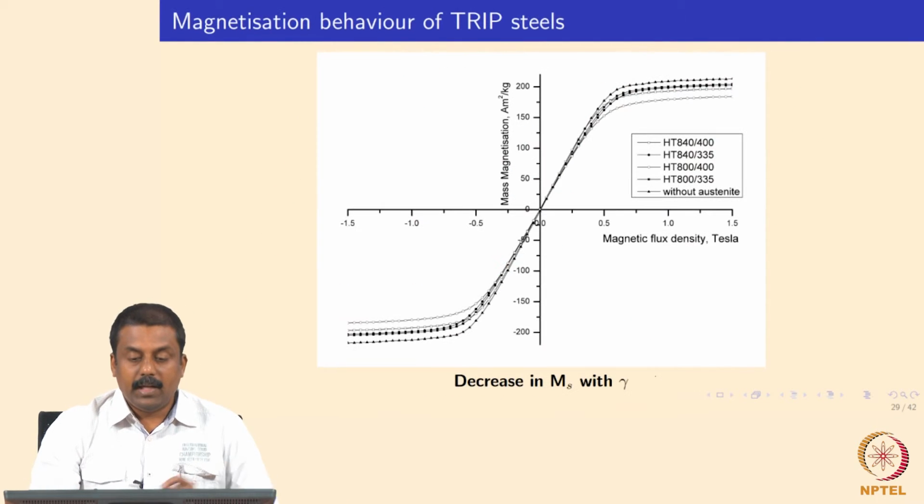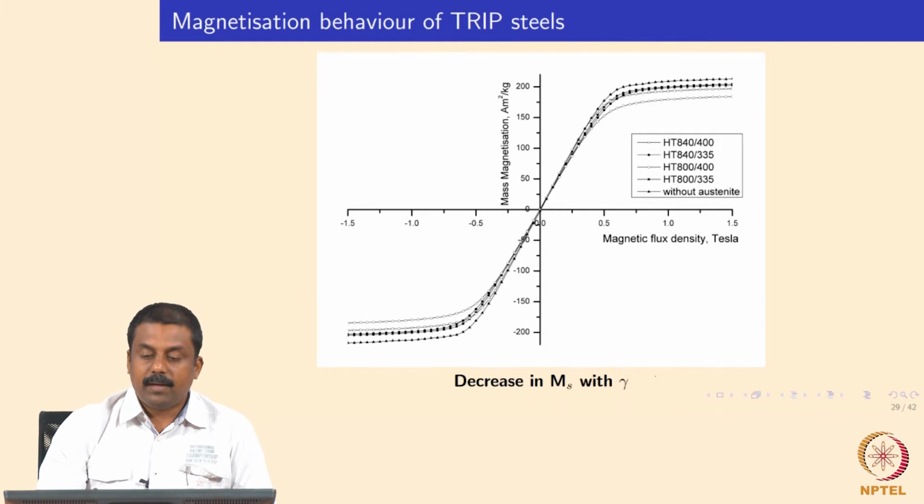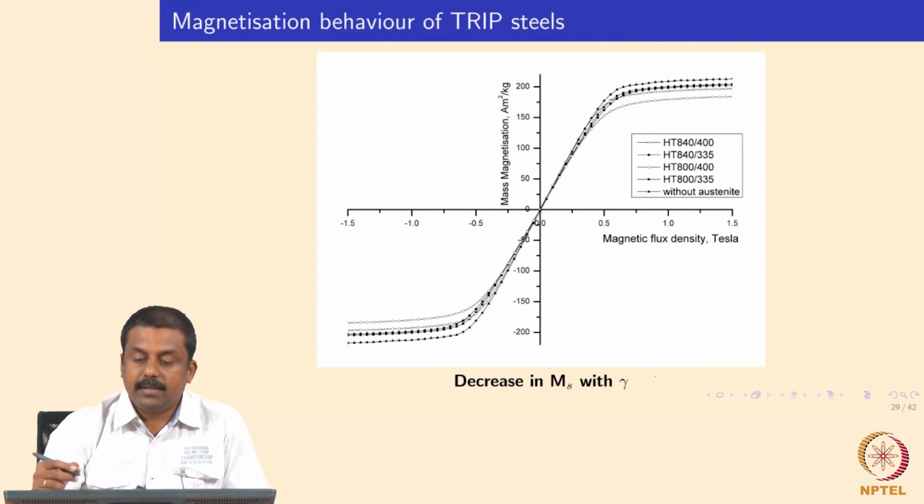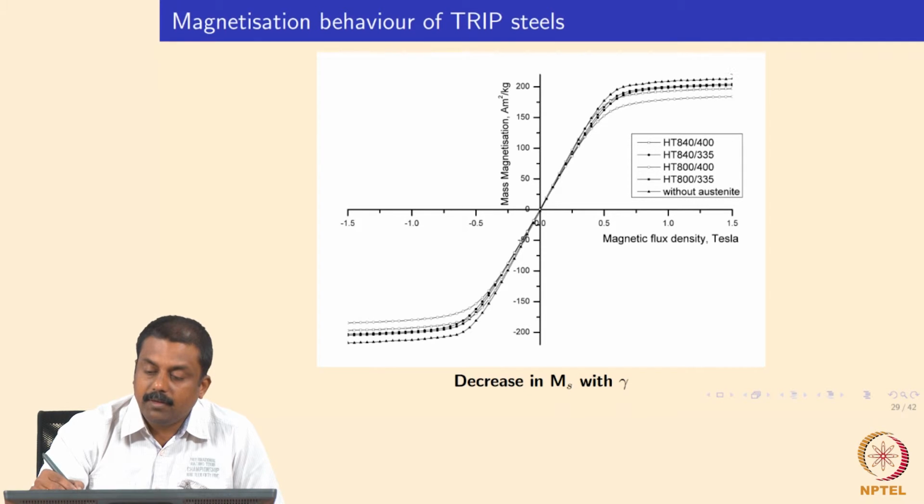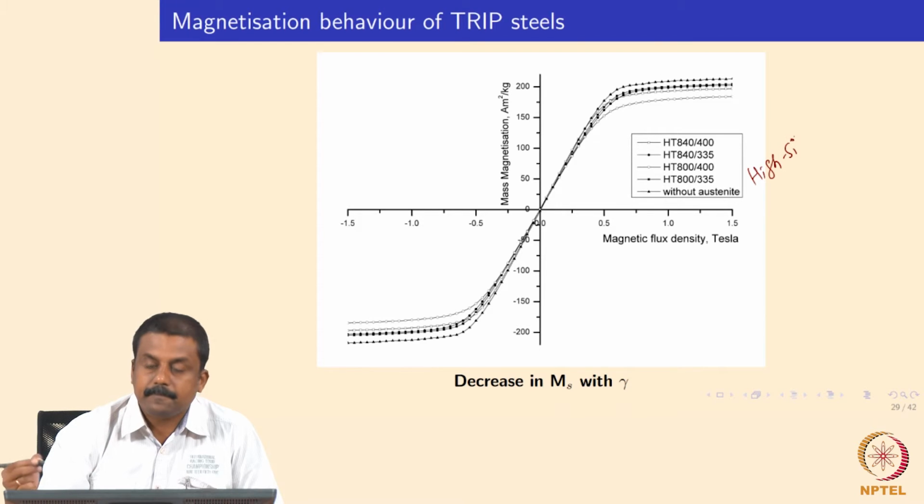A typical mass magnetization curve for a TRIP steel is given here. For example, in this case the top curve is without retained austenite for a typical TRIP steel composition. These measurements were made for the high silicon steel which was shown in the previous lectures. By changing the intercritical annealing temperature and the isothermal bainitic holding temperature, we may also change the retained austenite fraction in the microstructure.